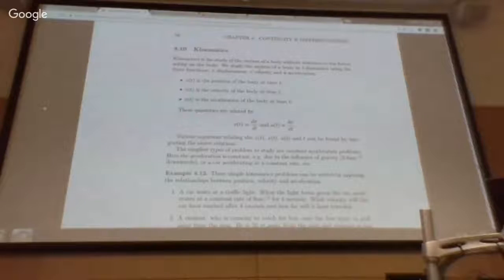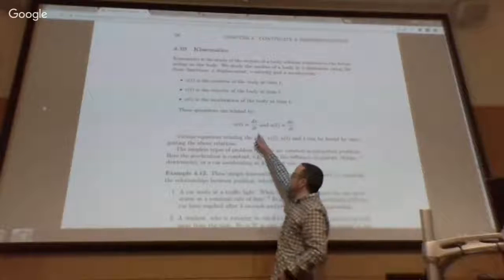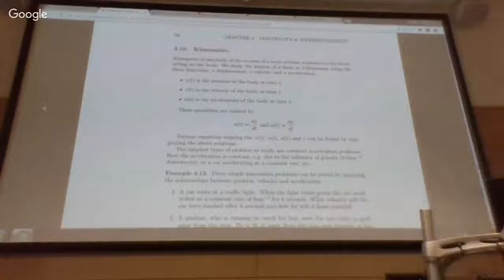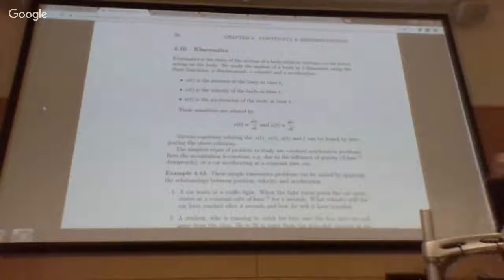The relationship between these three quantities, their definitions if you will, is through differentiation. Velocity is the derivative of position. That's the definition of velocity: the rate of change of the position of something. And acceleration is in turn the rate of change of the velocity, so the acceleration is the derivative of velocity.